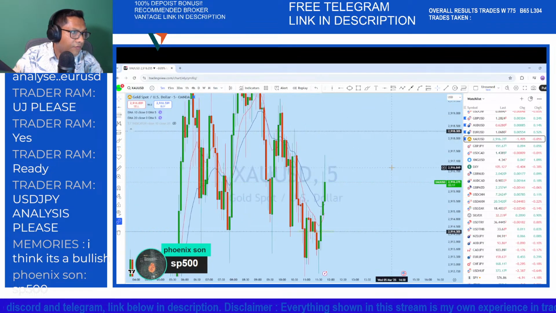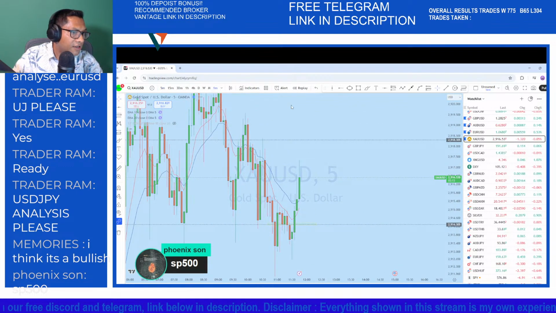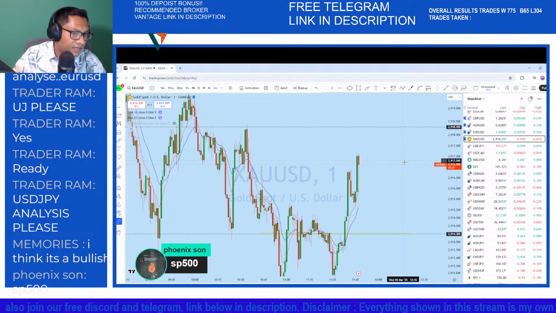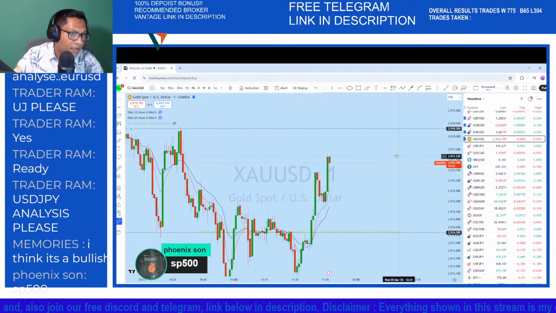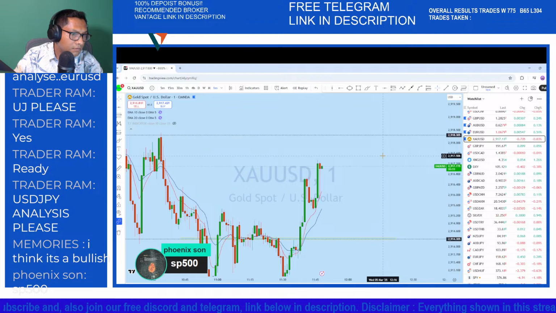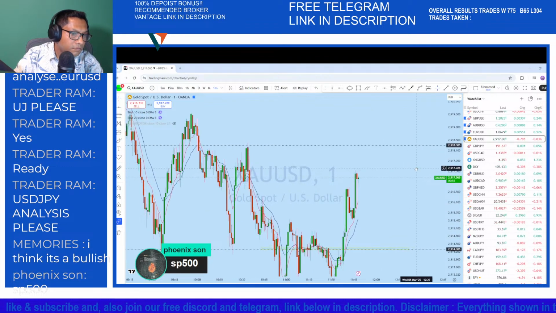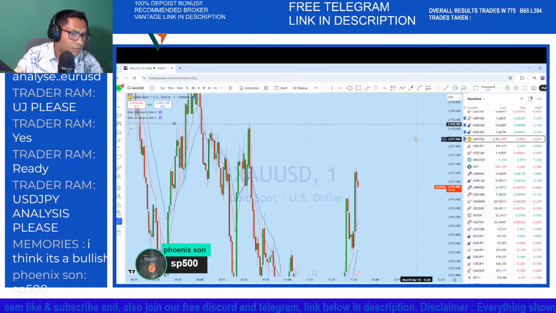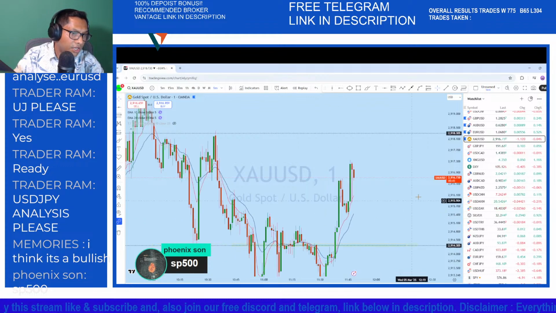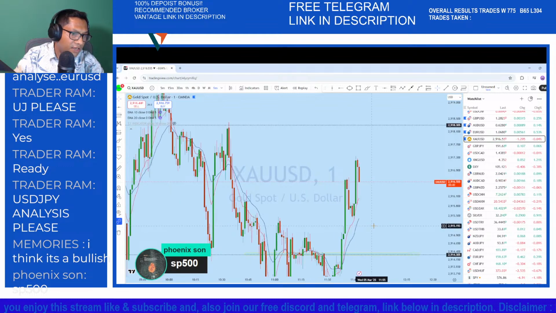Okay, so now if you look at the 5 minutes here, this is a bullish market structure in that area, and in that bullish market we would like to see a potential trend here. Okay, so here you can see the market slowly coming in that direction, and then coming to that support level here.